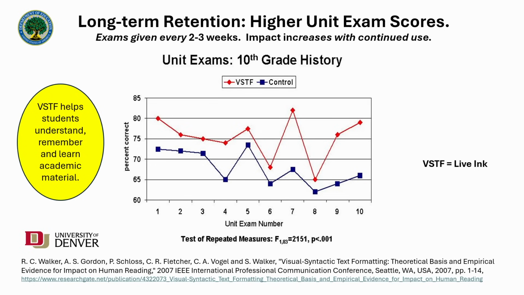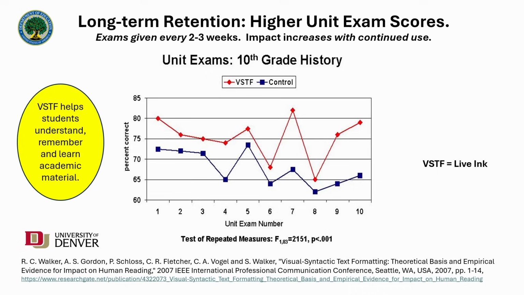When students read their history textbook in VSTF for about 10 minutes a day over the course of the year, they had immediate improvements in their ability to comprehend and remember what they had read, and they also demonstrated long-term learning of the content in the textbook.